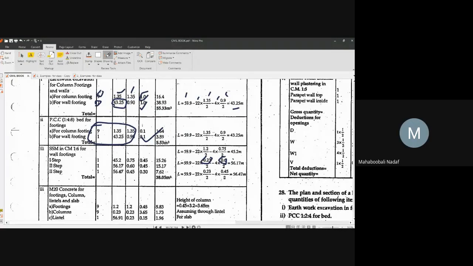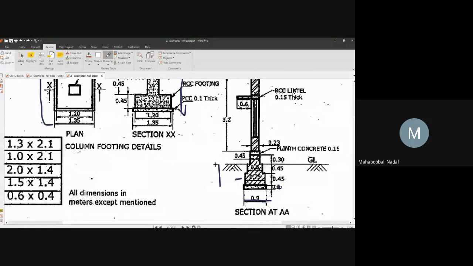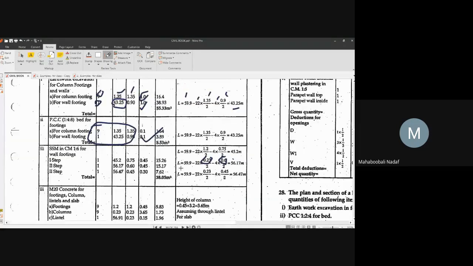For third also, you need to take first B as 0.23, and here you need to take it as 0.45. So first footing, second footing, third footing, 0.45. Is that clear?